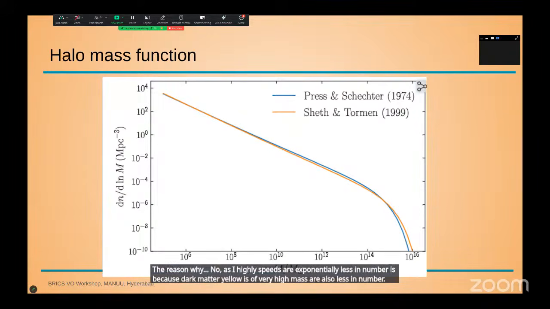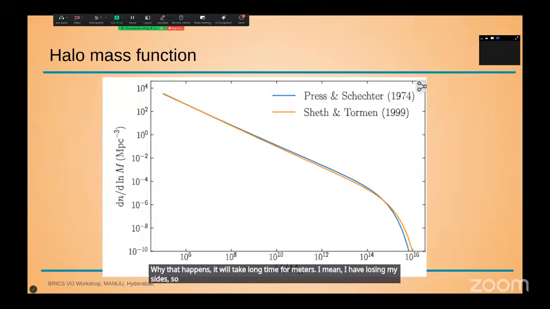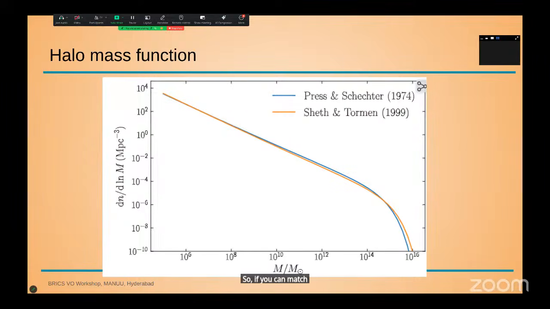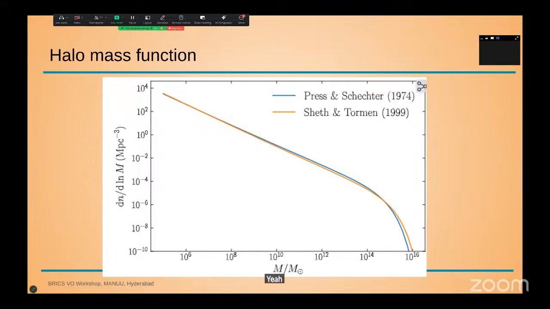Why that happens would take a long time to explain. I have those in my slides and tried to prepare even that, but time-wise I don't think we'll be able to. If you can match the number density of galaxies to the number density of halos, then you can also get the connection between the mass and the luminosity, because the number densities are all related.